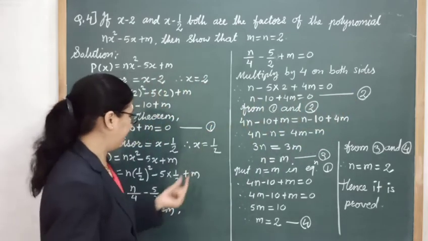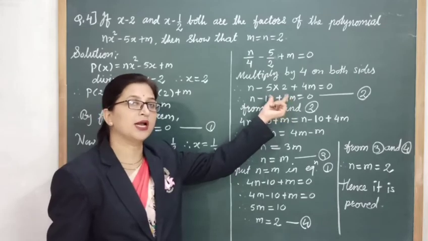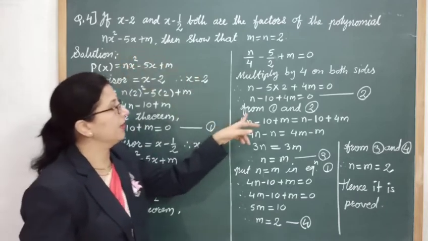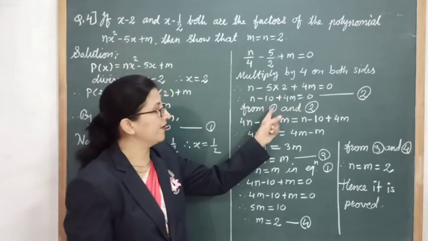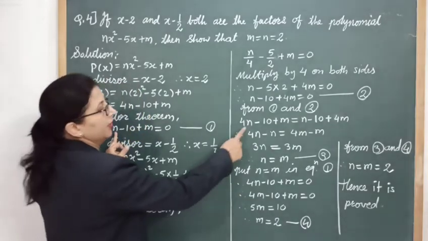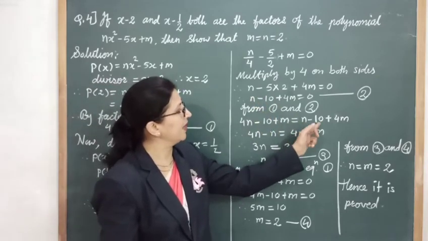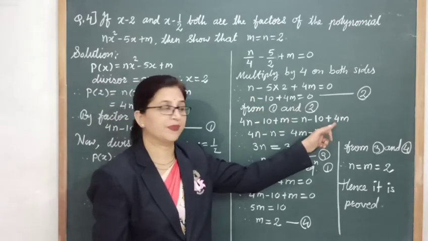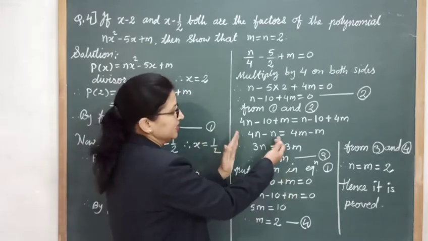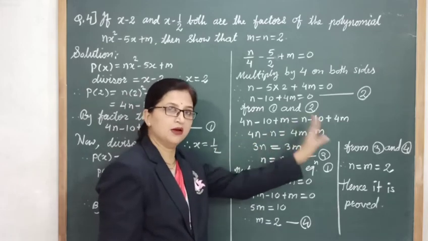Now from the first and second, both are equal because both are the remainder of the same polynomial. The first is 4n minus 10 plus m, and the second is n minus 10 plus 4m. Bring the like terms together: the terms with n on one side and the terms with m on the other side.